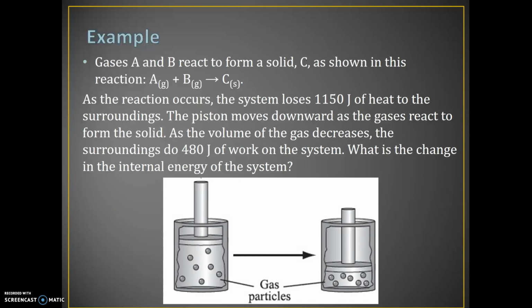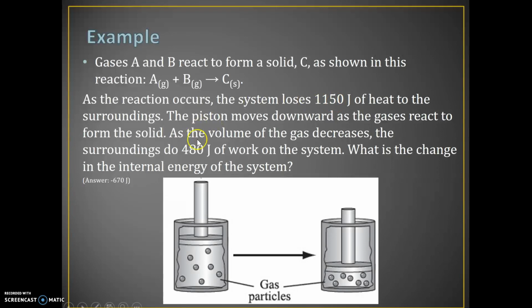Hopefully you finished. You should have gotten negative 670 joules if you did it correctly. Remember that your delta E equals Q plus W. This number is representing Q. However, they're telling you that the system is losing that amount of heat, which means this should be negative 1150 joules.